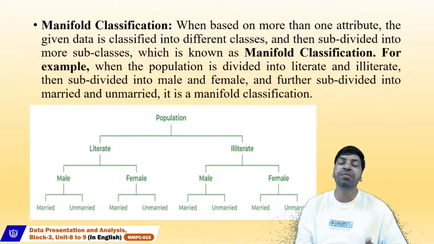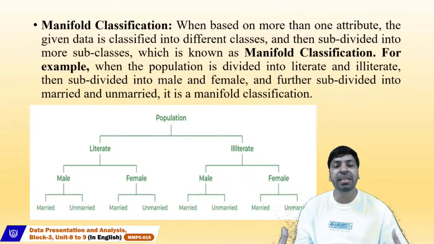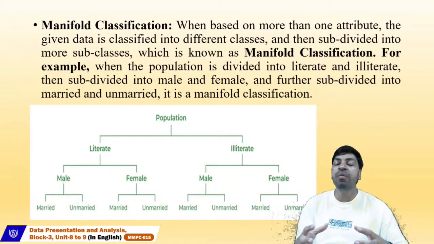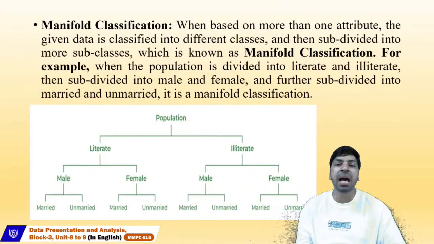As in the simple classification, I stated that population is classified into two main classes or parts, that is literate and illiterate. Now, if we do a more detailed classification or turn into more subclasses, then for literate we can talk about male and female, and for illiterate we can also talk about male and female.